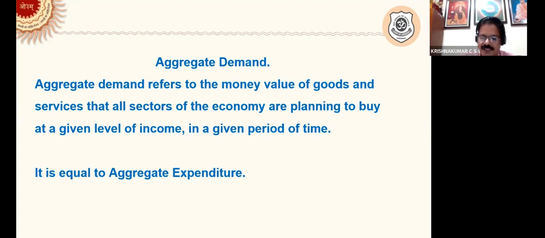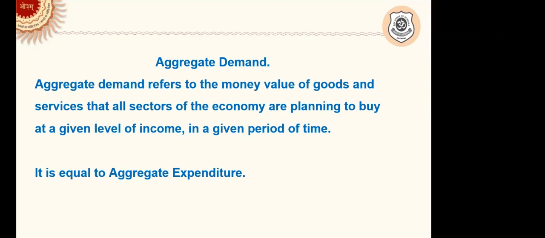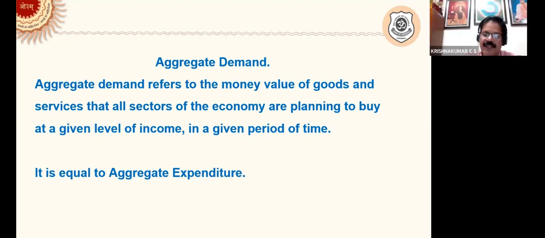What are those 2 sectors? Households and the firms. That is the reason why we say that aggregate demand AD is equal to C plus I, the consumption expenditure by the households and the investment expenditure by the firms.